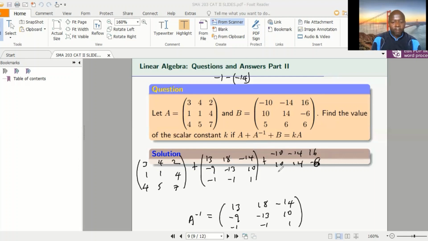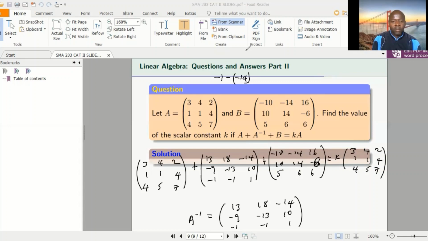That gives 6. This is going to give us k times A. A is 3, 4, 2, 1, 1, 4, 4, 5, 7.